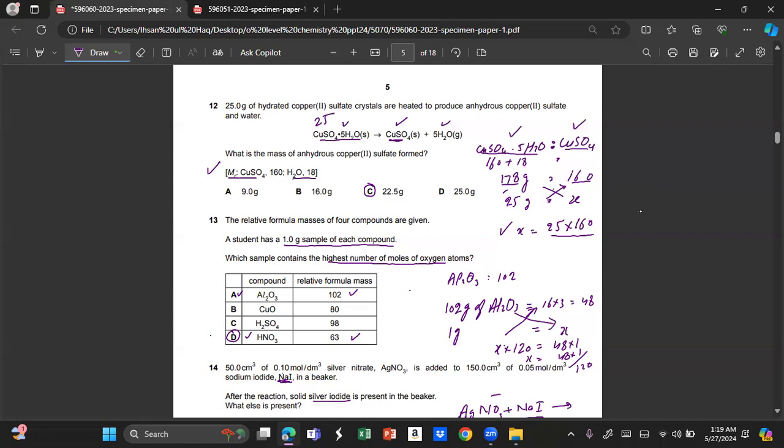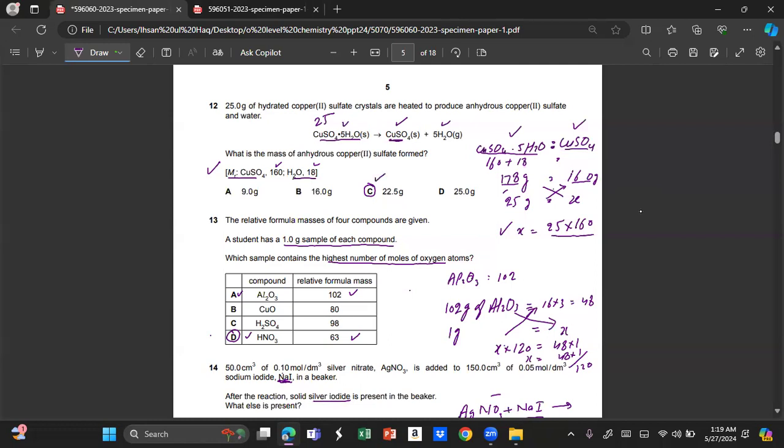First, we will see how much MR of this will produce how much MR of this. For that, 178 gram of CuSO4.5H2O, which I took from this 160 and 18, which are MR of CuSO4 and water, will give us 160 gram of CuSO4, which is anhydrous. So we need to find in 25 gram, it will be X. Calculate it, we will get the answer 22.5.